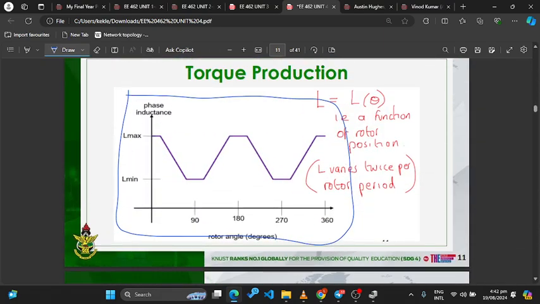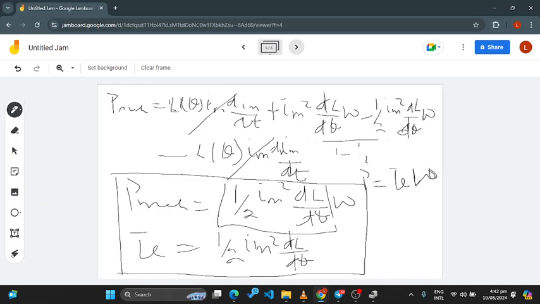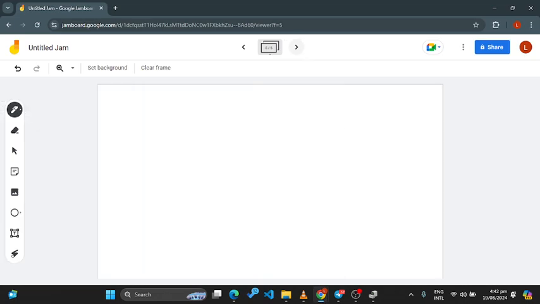Now we want to see how to draw this. To draw it, you first draw these axes. This axis this way is your inductance axis, and this is your rotor angle axis.